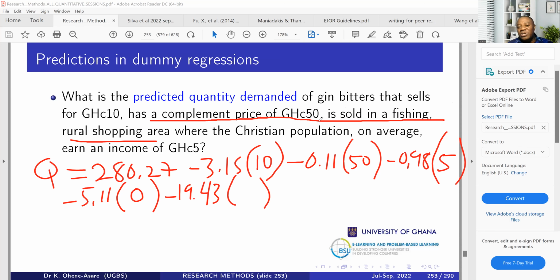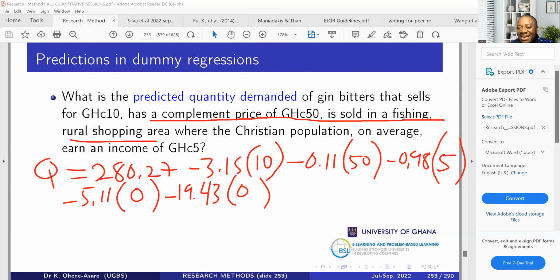You always go back to the question. They are in an efficient rural area. So occupation teaching will be what value? That one will also be 0, isn't it? Occupation teaching will be 0. I hope you are following. So you write 0 here.